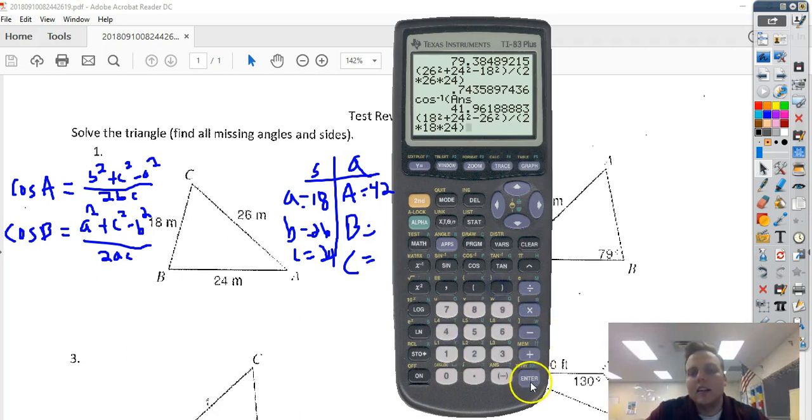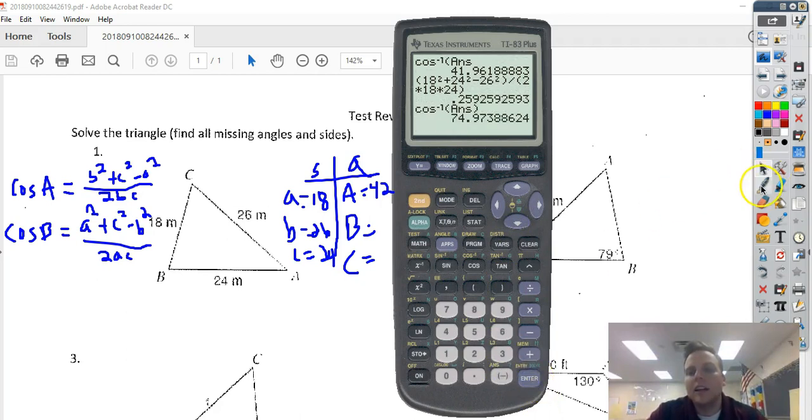And I get that that is 0.25, etc. That's what cosine B equals. So I need to inverse that to actually get angle B. Remember, anytime you are finding an angle, you should end up inversing a trig ratio. And so I get 74.97, which I'm going to round up to 75. That was angle B, not angle C. My bad. So 75.